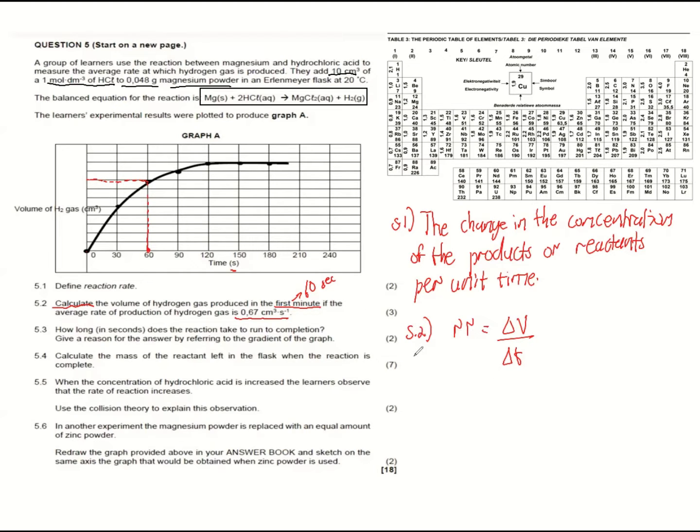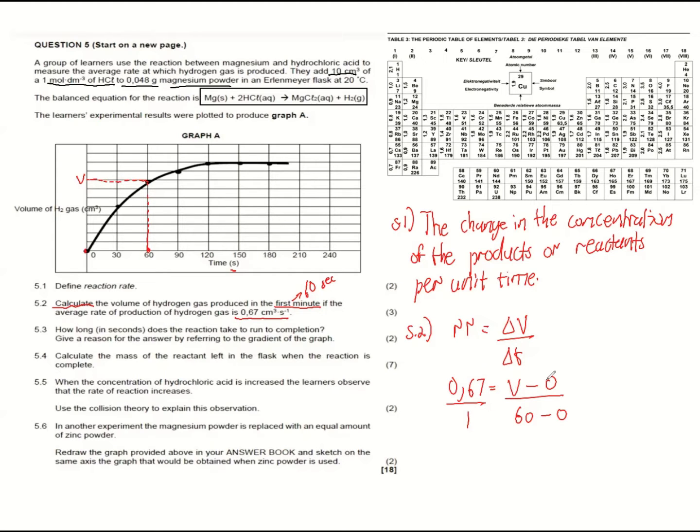So 0.67 equals the change in volume, that's V final minus V initial, and the initial volume is 0, over the final time of 60 seconds minus the initial time of 0. Writing 0.67 as a fraction over 1, we cross multiply.